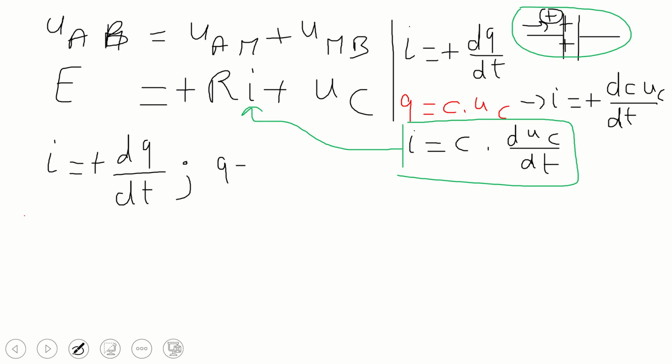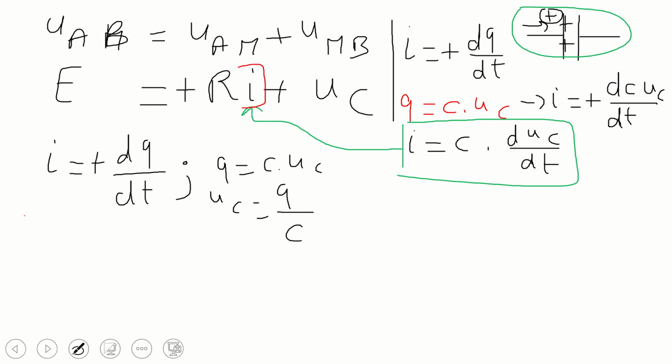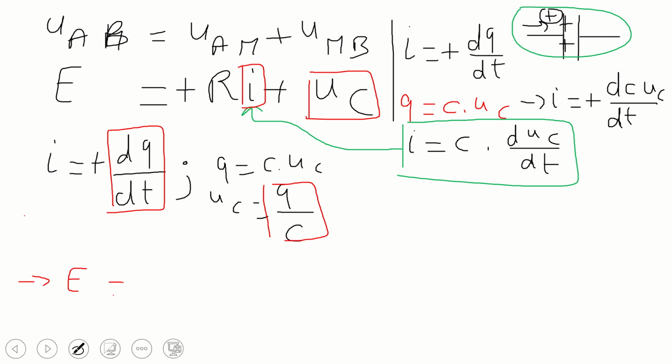And as Q equals C UC, thus UC equals Q over C. Now we substitute I and UC in terms of Q. So E equals R dq over dt plus q over C. Now we divide by R. What do we obtain?